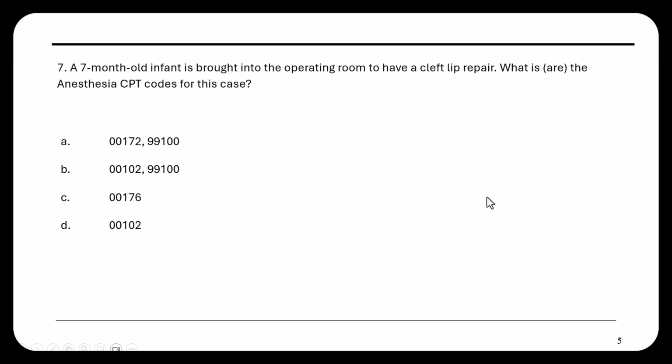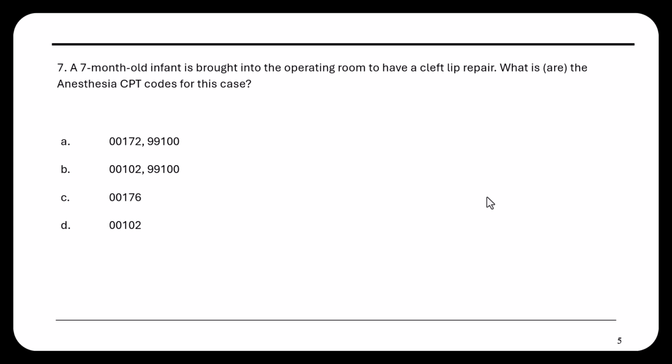Here's another one. A 7-month-old infant is brought into the operating room to have a cleft lip repaired. What are the anesthesia CPT codes for the case? Well, this isn't too bad. We have 2 sets of code. We have 00102 and 00102.